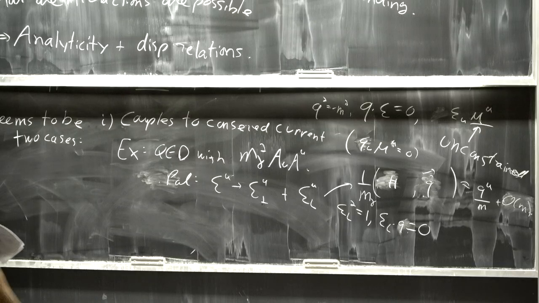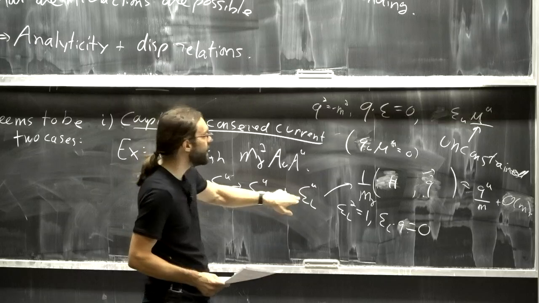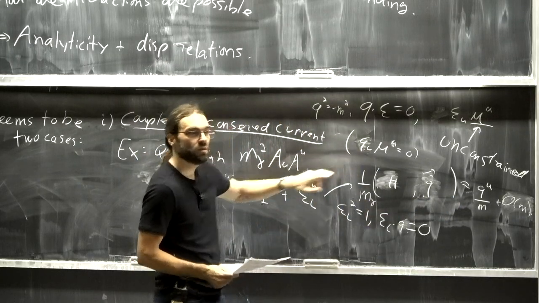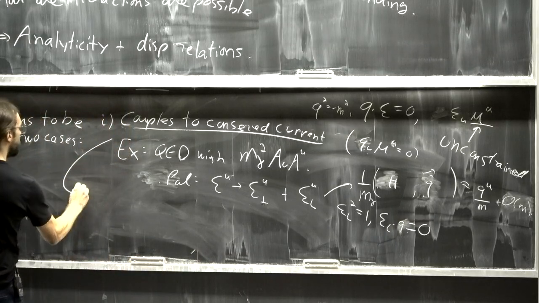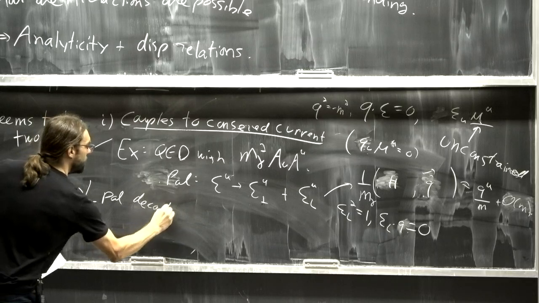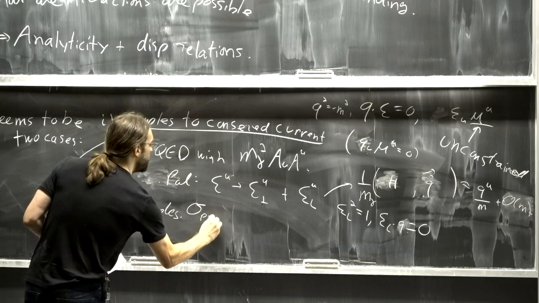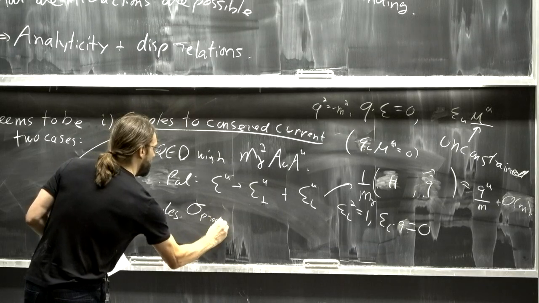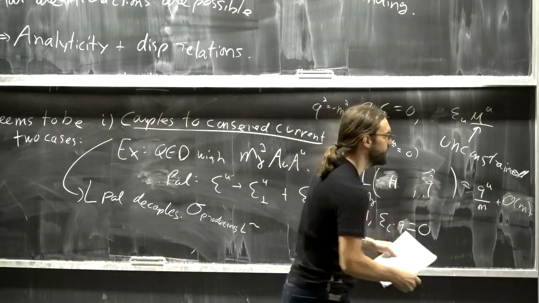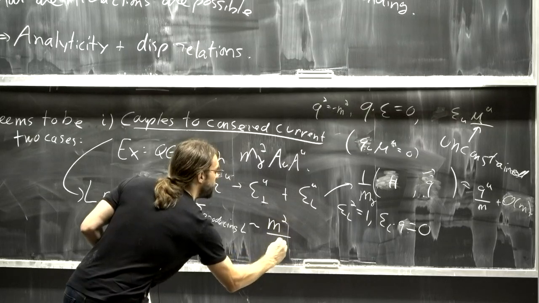So there are two options. When the particle is coupled to a conserved current, this longitudinal polarization essentially decouples, so you don't produce it. The cross section for producing it would be suppressed, proportional to some power of m squared over the energy scale you're looking at.